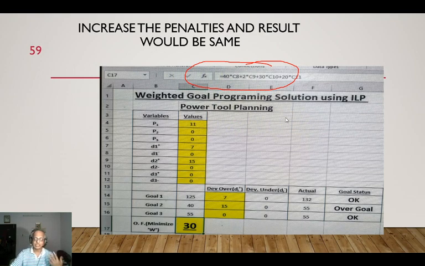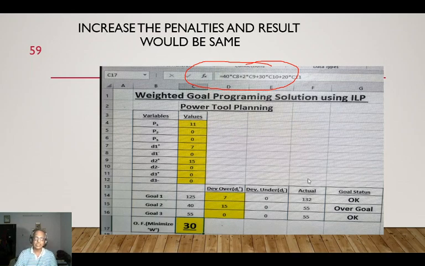If we take the solver screen for the preemptive method, if we take the weighted method solver screen and increase the penalty weights to, say for example 40, to remain same, 30 and 20 for all these variables, we get a value which is the combination P1, P2, P3 same as the preemptive method.